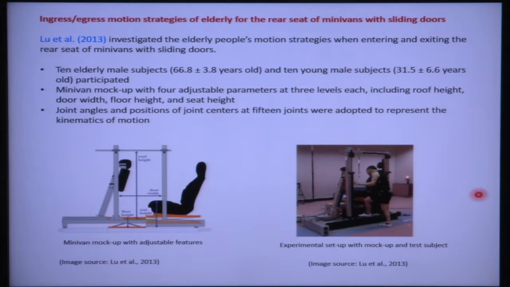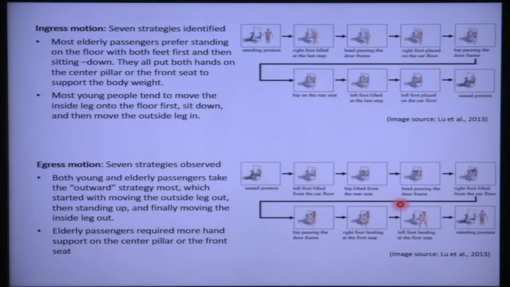So, their body joint angle changes during this entry exit process are recorded using a motion analysis system. Based on the data, it was identified that during ingress motion 7 different strategies are actually adopted by the people.